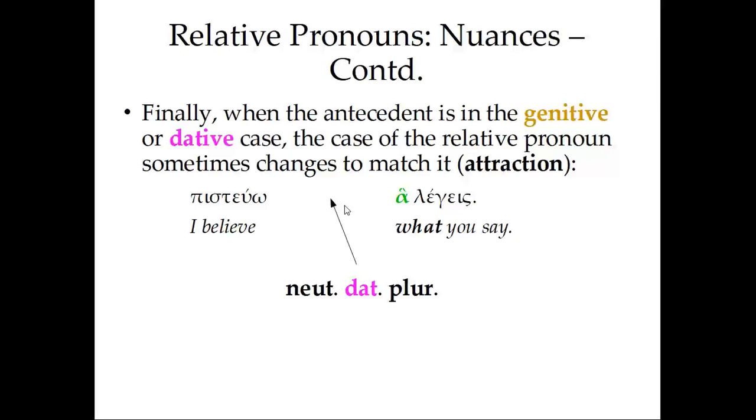And in a case like this, the case of our relative pronoun, rather than really reflecting its true function in the relative clause, here the object, the things that you are saying, the case is going to be attracted to the case of, in this case, the omitted antecedent.